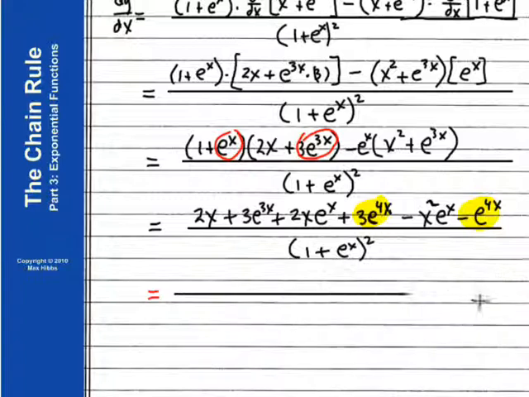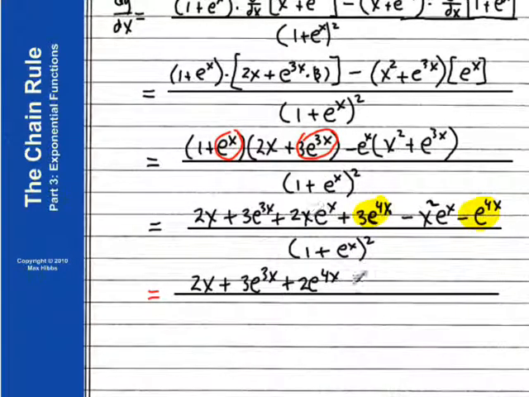Let me get my division bar here. So I have this 2x, and I have this 3e to the 3x, and I have this 3 minus 1 e to the 4x, so that's plus 2e to the 4x.